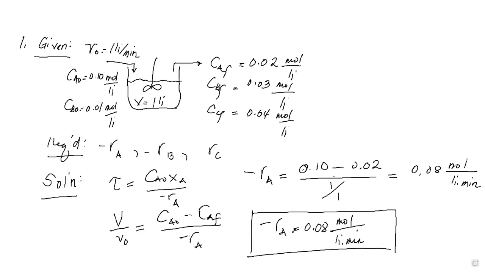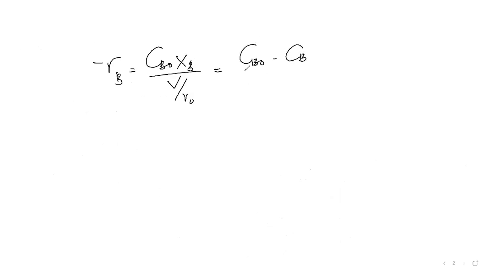The same. We assume that B is a reacting species, so I will have here the rate in terms of B. This time I will place here CBO XB. And in here, I will still have the V over V sub O. Your CBO XB is CBO minus CB divided by V over V sub O. Now, let's check.